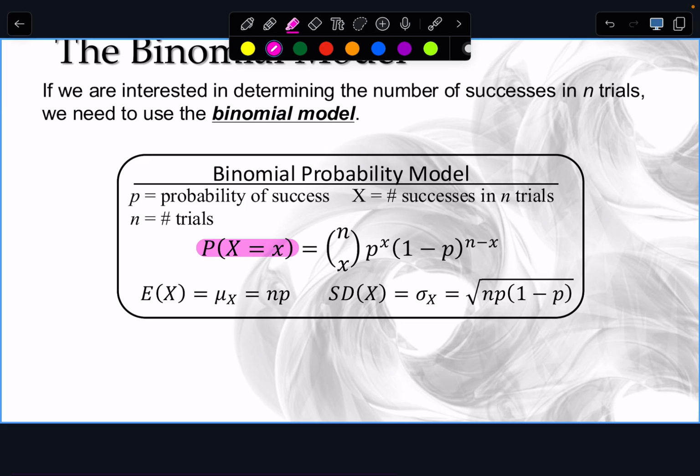Now when we look at the formula here, the first part of the formula, this notation right here, what this tells us is the number of ways to get this many successes.